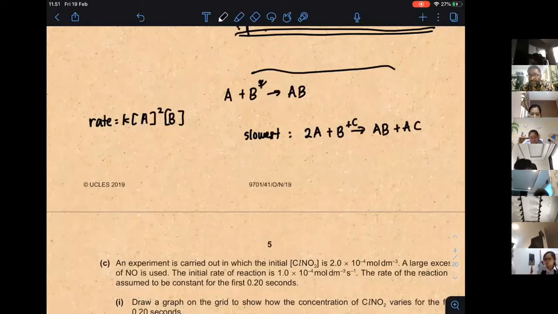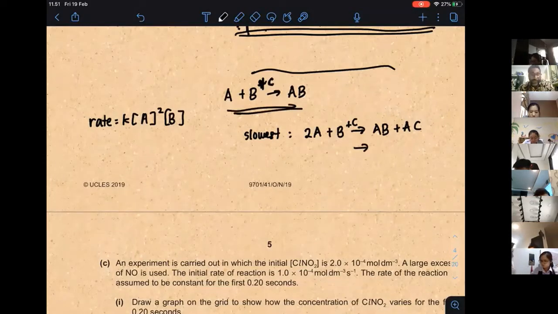So what I need to do is eliminate the extra, let's say there is C over here. Basically, I need to eliminate the AC, so that I get this equation.